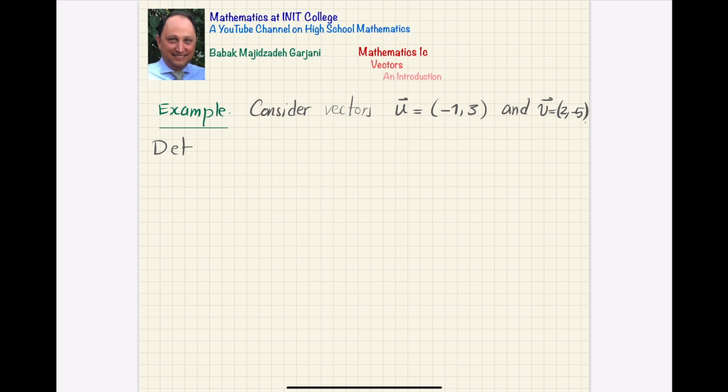Determine the exact length of the vector, I don't know, 2 times u minus 3 times v. We want to find the exact length of this vector.